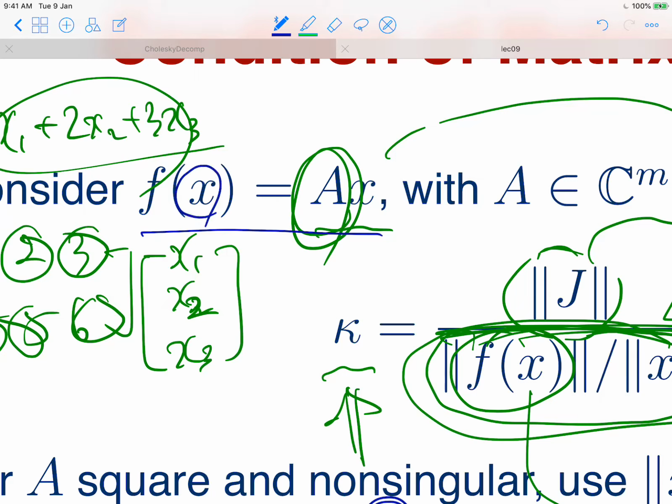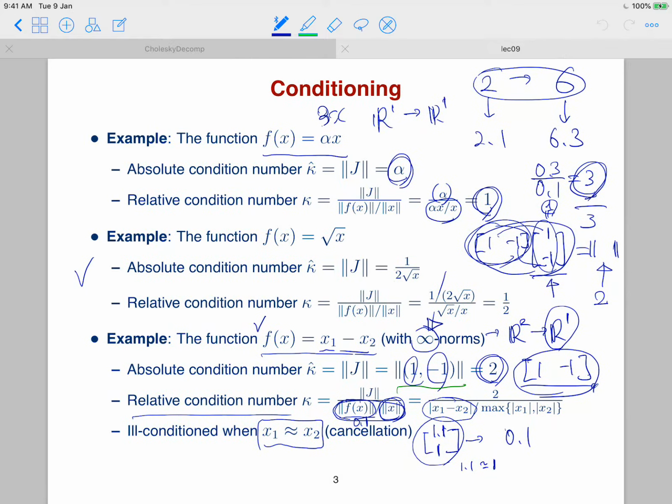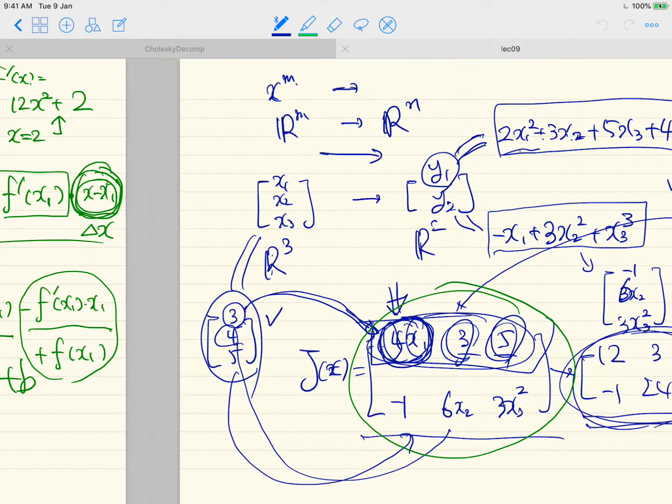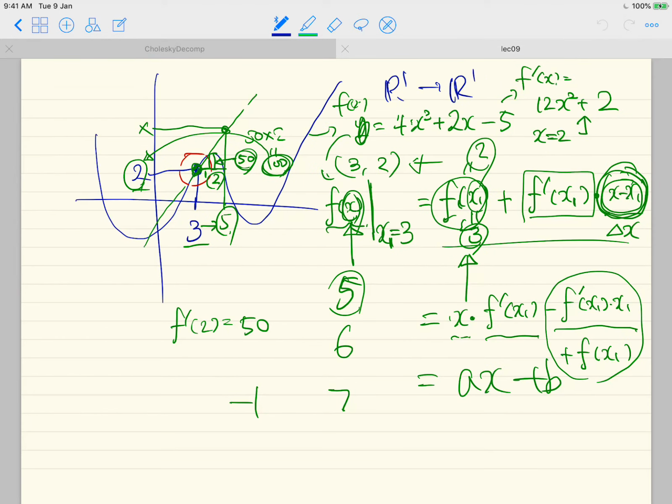So x is our input, and our output is Ax, and this condition number is defined as the relative condition number, which is the ratio between the two relative changes between the input and the output.